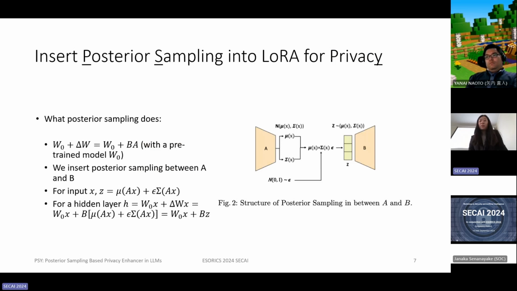Then if we insert the posterior sampling between A and B, for input X, the latent output C is mu of AX plus epsilon times sigma of AX. So for example, if we fine-tune a hidden layer h, the final output equals W0 times X plus B times C.